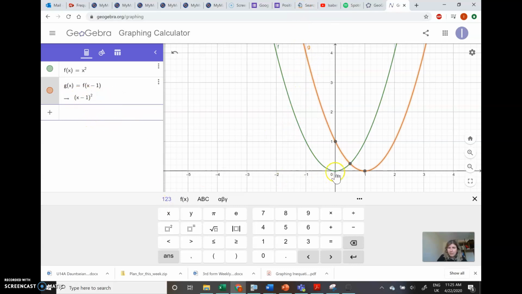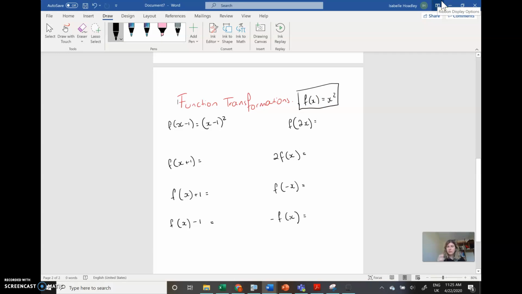That moves our basic function 1 unit to the right. It stays the exact same shape, but it's been shifted 1 unit right. Whenever you subtract 1 from an x value in a function, and this works for everything, that creates a shift, or what we call a translation, of 1 unit right.